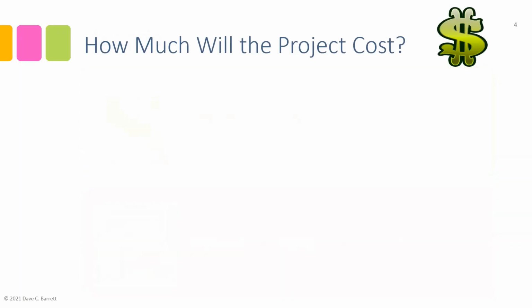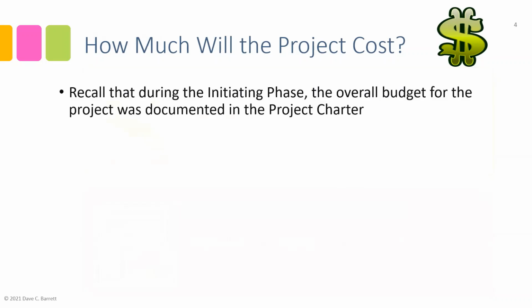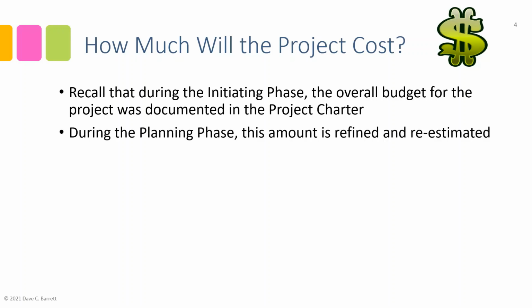So let's look at how much the project will cost, or will be planned to cost. As I just mentioned, recall that during the initiating phase, the overall budget for the project was documented in the project charter. Now in the planning phase, we're going to examine that to refine this amount and possibly re-estimate it, to make sure that the scope, schedule, quality, and everything that we are planning for will meet that overall budget defined in the project charter.